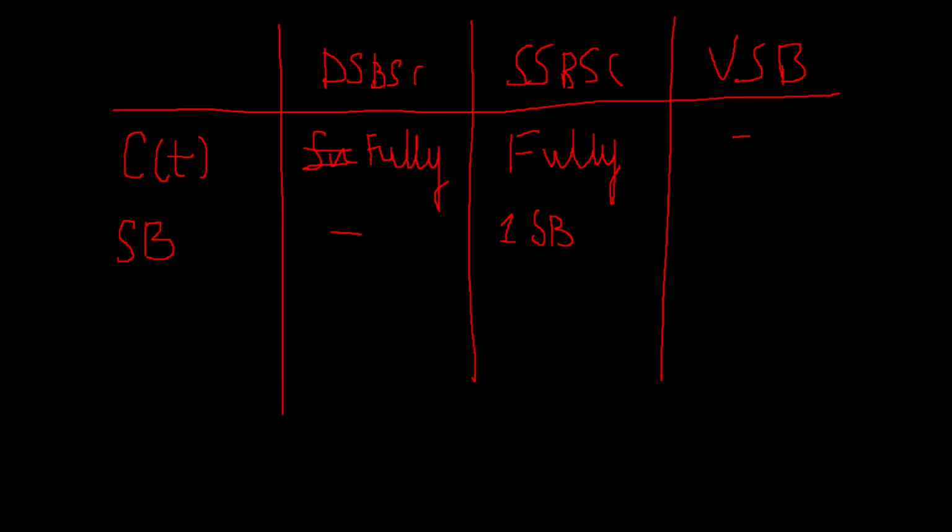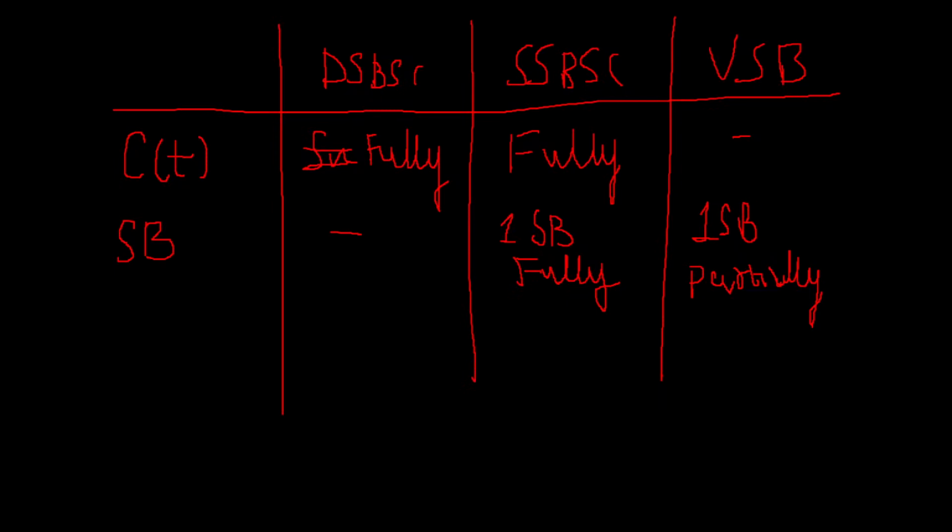In case of VSB, one sideband is suppressed partially, not completely. But in case of SSB, one sideband is fully suppressed. This is the difference.